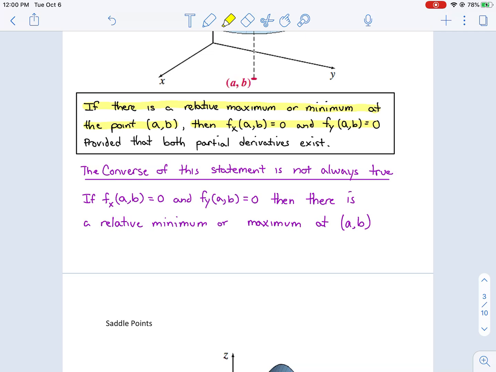So if we're given that both partial derivatives are equal to 0, we cannot conclude that there's a relative minimum or maximum there without further testing.